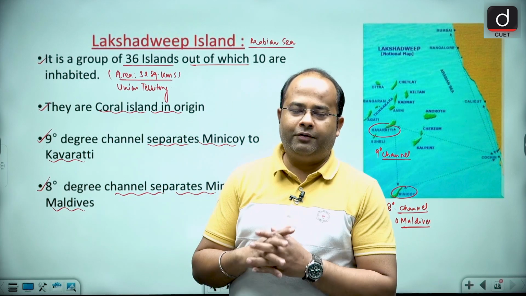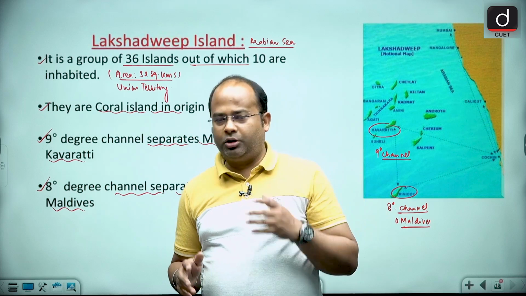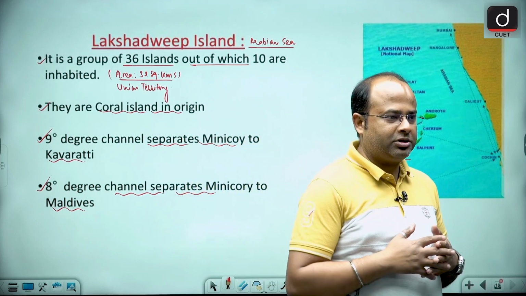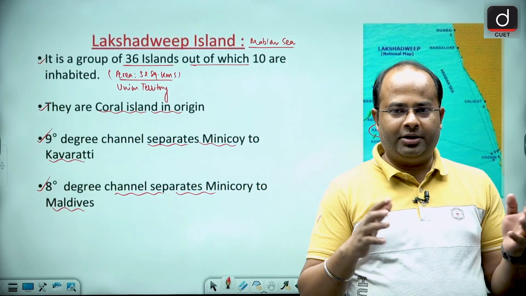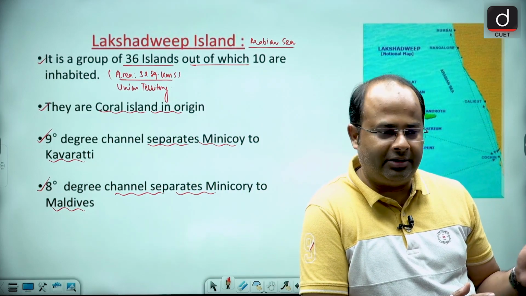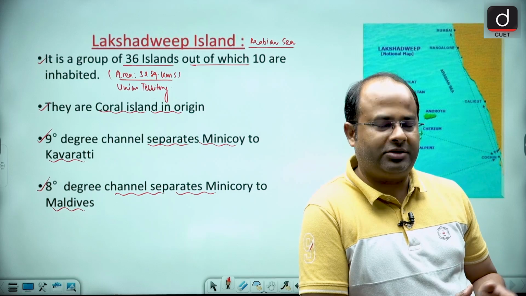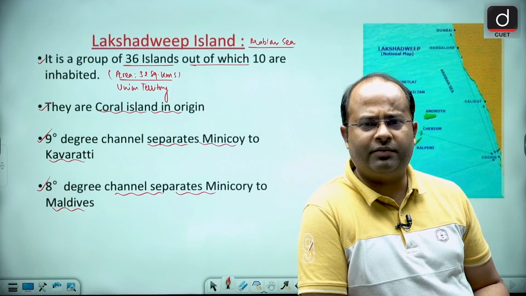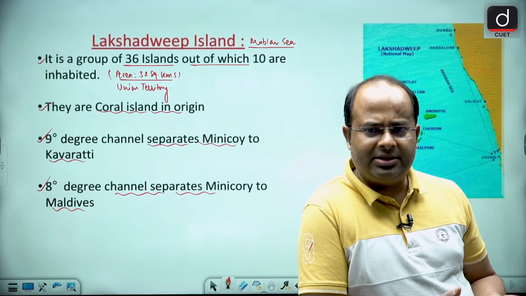So guys, in the geography section, although we have almost a big section in general awareness, general knowledge and current affairs in the GAT of the CUET UG examination, almost 50 questions and 3 subjects are there.